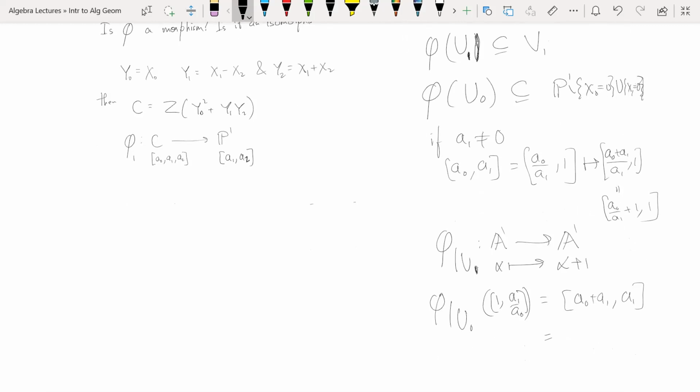So I may have to cover it with more open sets, I guess. But maybe I'll keep it as V0. Let's see what happens. So maybe this is okay.